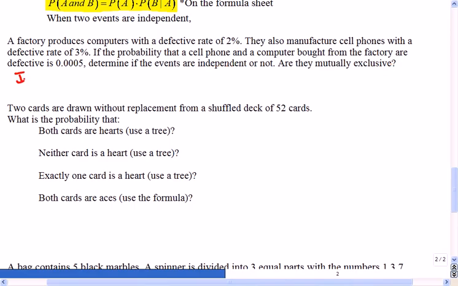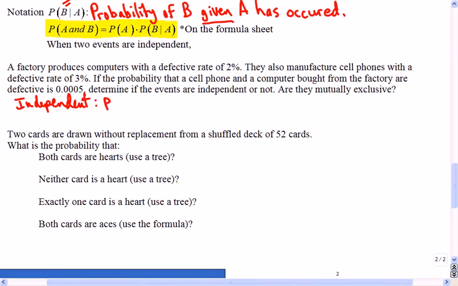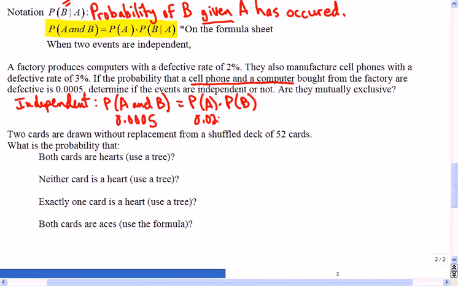So if they're independent, then that means that A has no effect on B. Then the probability of A and B should be equal to the probability of A times the probability of B. So in this experiment, it tells us that the probability that a phone and a computer are defective is 0.0005, whereas the probability that just a computer is defective is 0.02, and just a cell phone is 0.03.